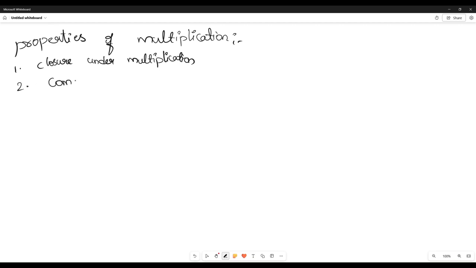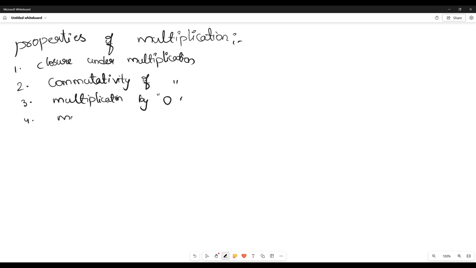The second is commutativity of multiplication. And the third property is multiplication by zero.